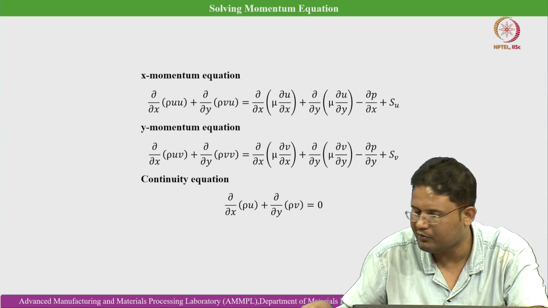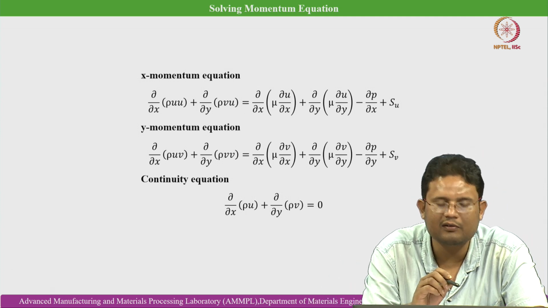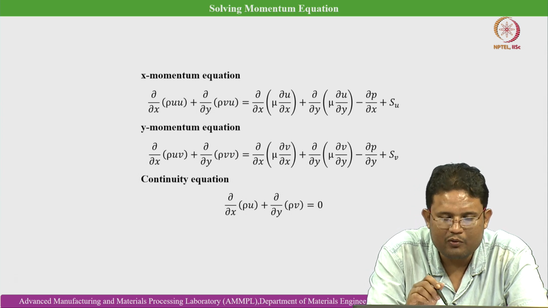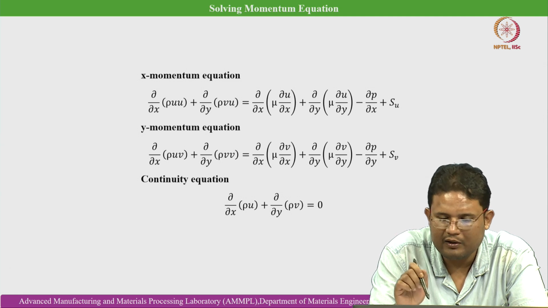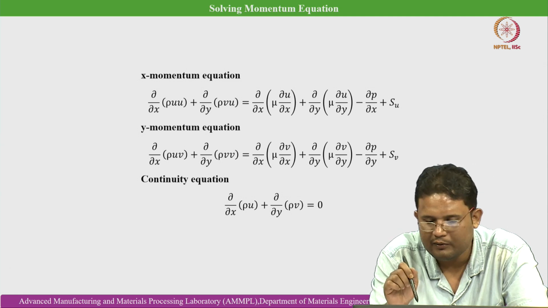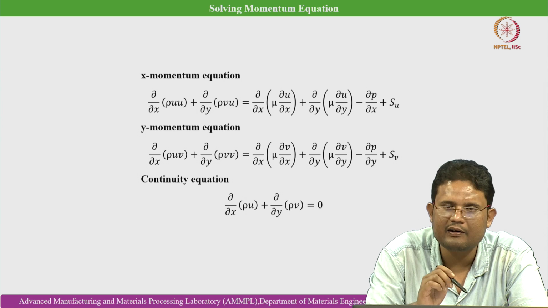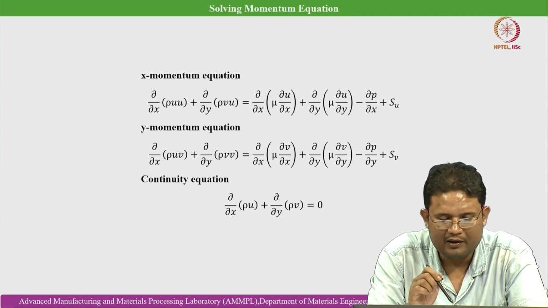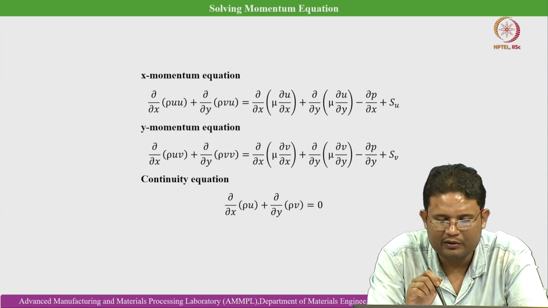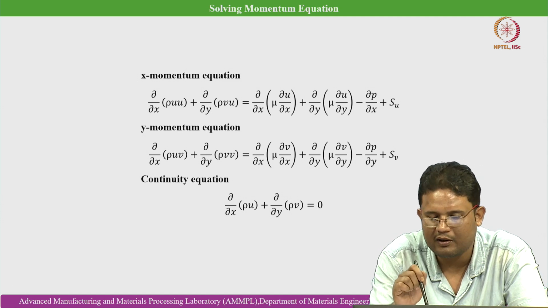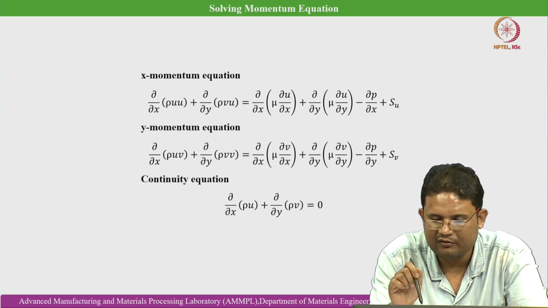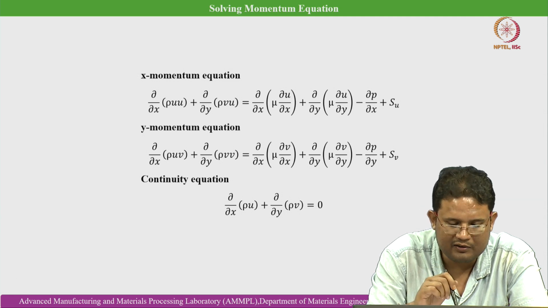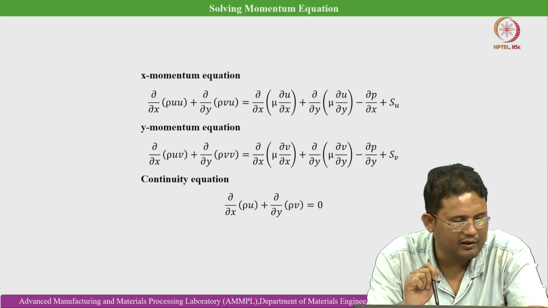As we have introduced earlier, the x momentum equation is ∂(ρuu)/∂x plus ∂(ρvu)/∂y is equal to ∂/∂x(μ ∂u/∂x) plus ∂/∂y(μ ∂u/∂y) minus ∂p/∂x plus S_u, and the y momentum equation is ∂(ρuv)/∂x plus ∂(ρvv)/∂y is equal to ∂/∂x(μ ∂v/∂x) plus ∂/∂y(μ ∂v/∂y) minus ∂p/∂y plus S_v, that is the source term in the y direction, and the continuity equation is ∂(ρu)/∂x plus ∂(ρv)/∂y is equal to 0.